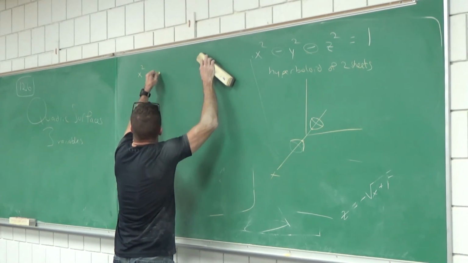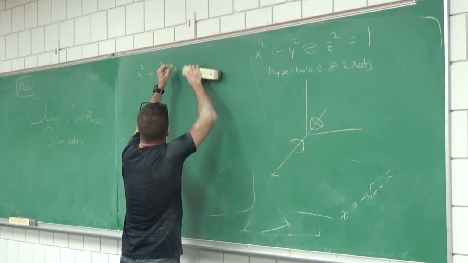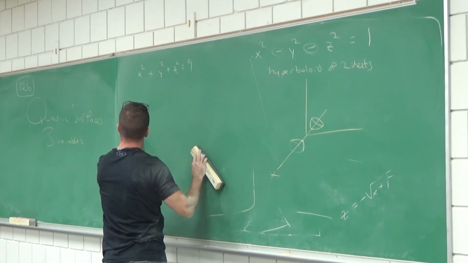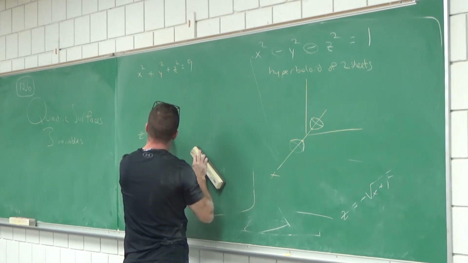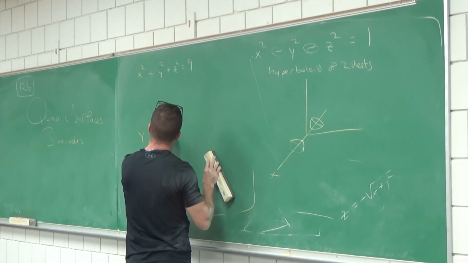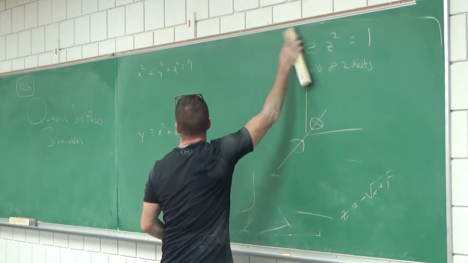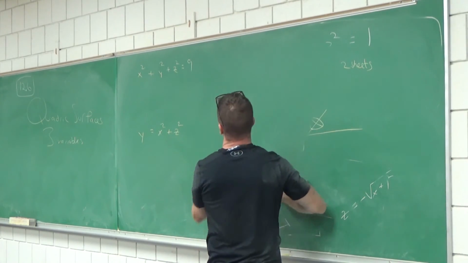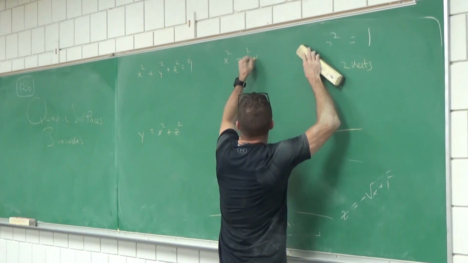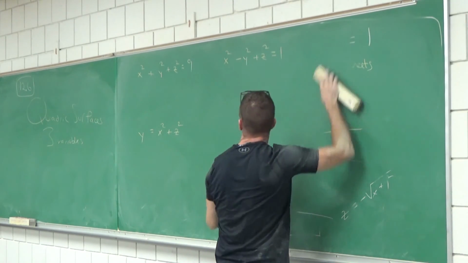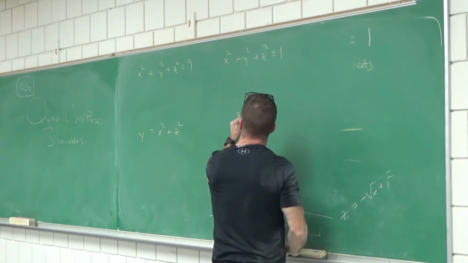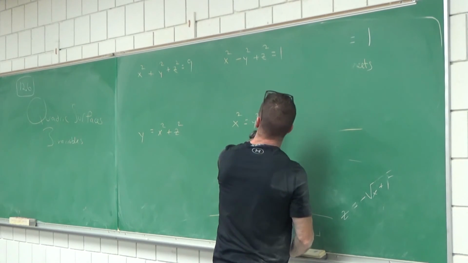Well, how about? Let's see. We'll take that one. Oops, I need a different marker. Okay, there's 2 of them. I need a few more. How about x squared minus y squared plus z squared equals 1? How about x squared equals y squared plus z squared?